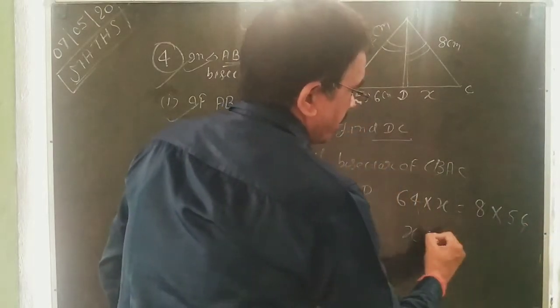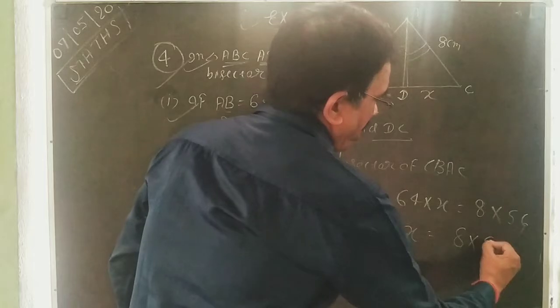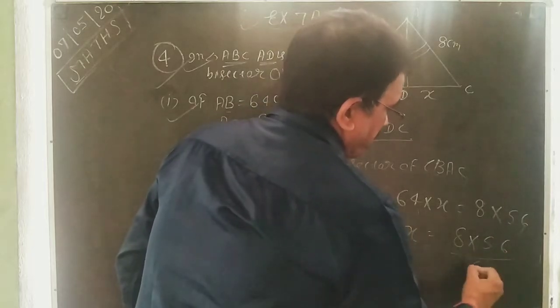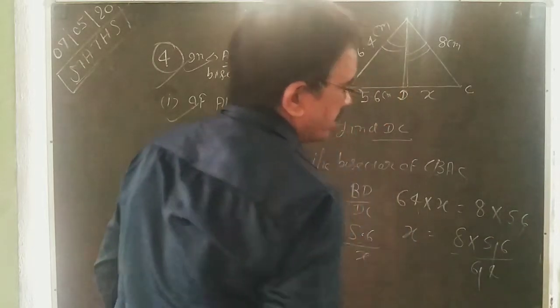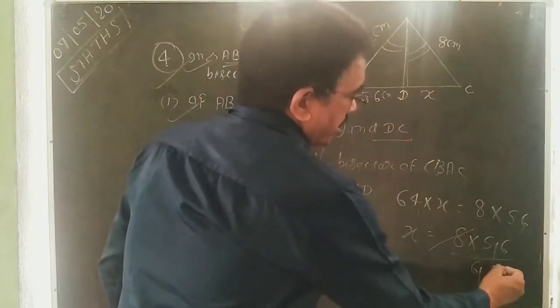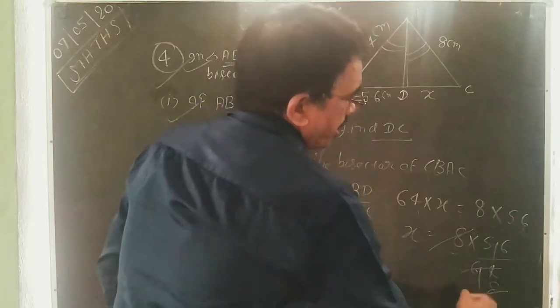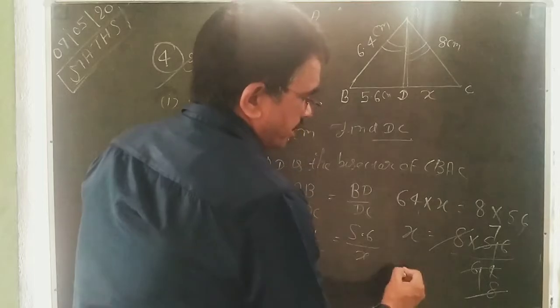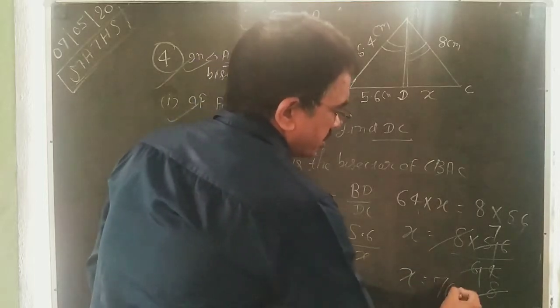So what is the X? 8 into 5.6 by 6.4. This point cancel. And 8 times 8 is 64 and 8 times 7 is 56. That means X is equal to 7 cm.